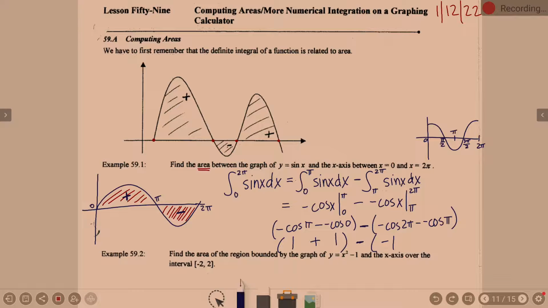I'm going to go ahead and say minus a negative is plus. Cosine of pi is -1. I end up with 2 minus -2, which is 4. 4 what? This is area. So we should say, oops, units squared.